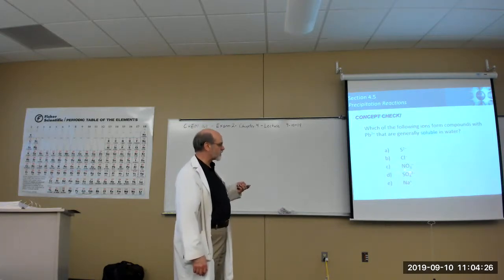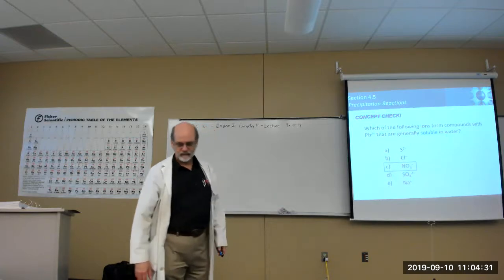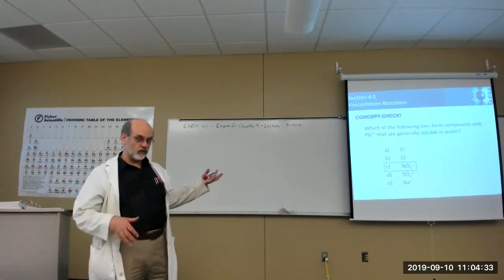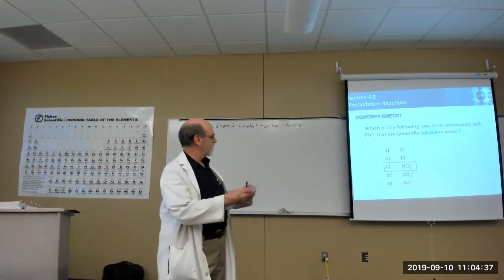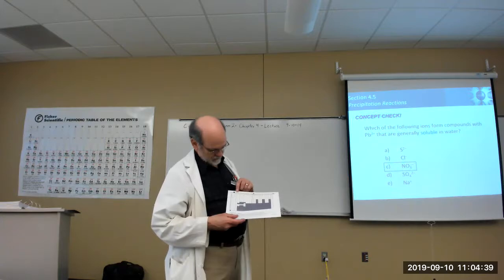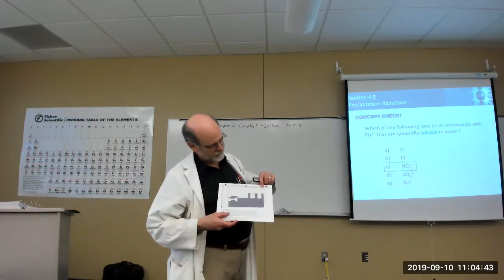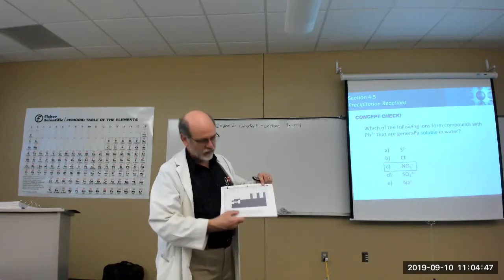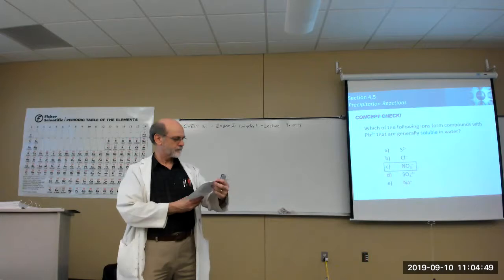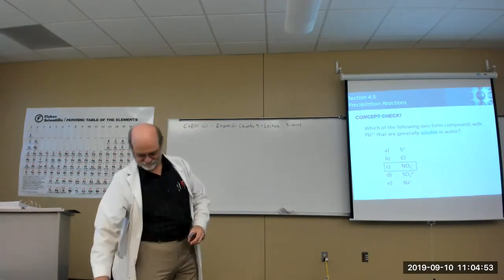So really, the only one that's soluble is the nitrate. Now, that's based on the rules. But if you use your chart, you could run down lead, which is over here next to the last, and check each one and find out that the only one out of that group that's soluble is nitrates.